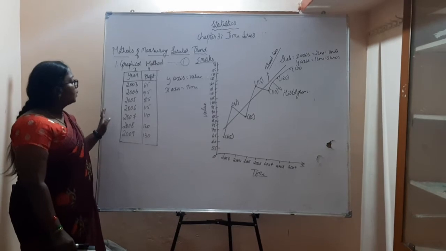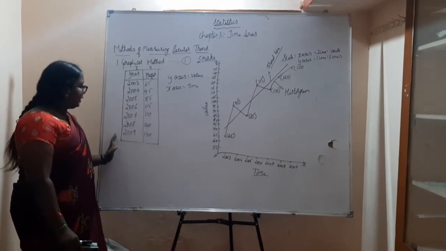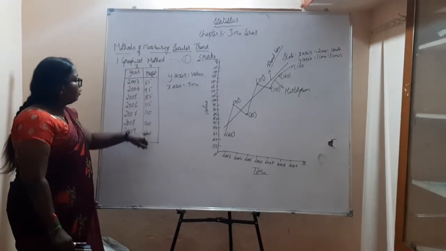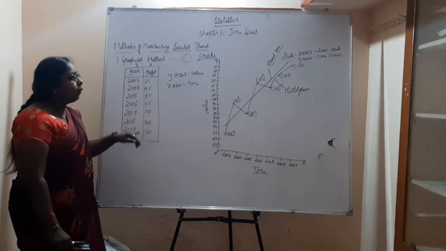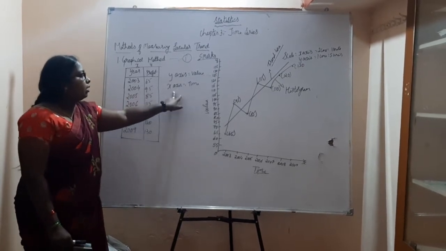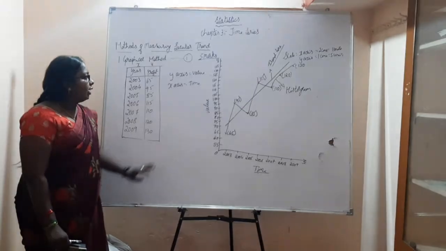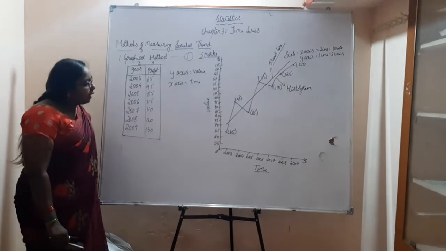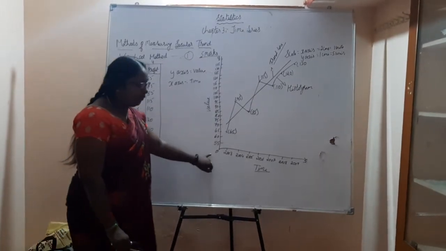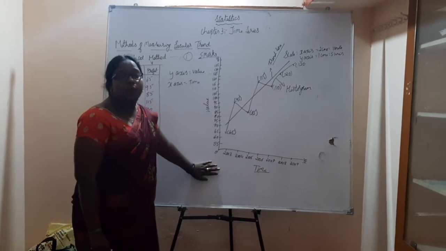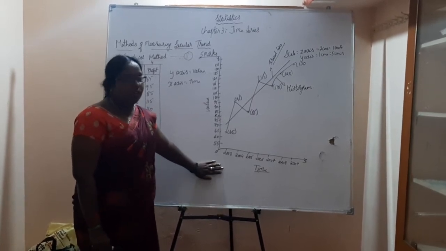Once again I will explain. The data given here is x, the time, and the profit is given, that is my y, the value. Keeping that, I am plotting on the graph sheet. You need to do this problem in your graph book, not in your classwork.